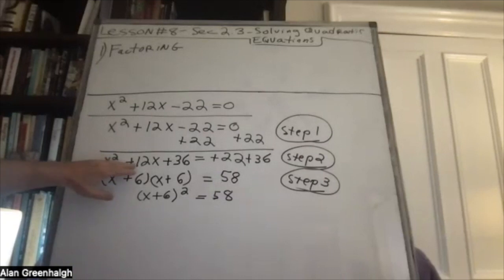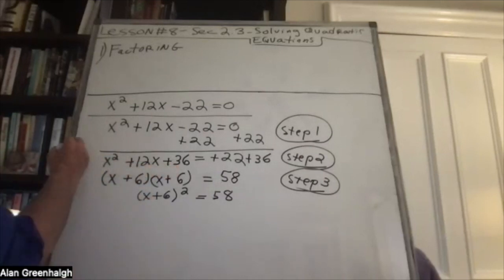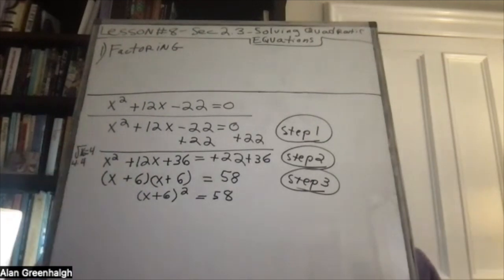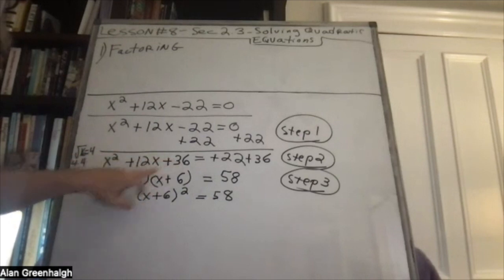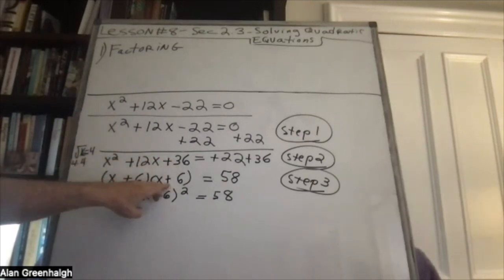So this is called a perfect square trinomial. You know how we have perfect squares? The square root of 16 equals 4, because 4 times 4 is 16. Well, this is a perfect square trinomial because x squared plus 12x plus 36 gives you the same number.